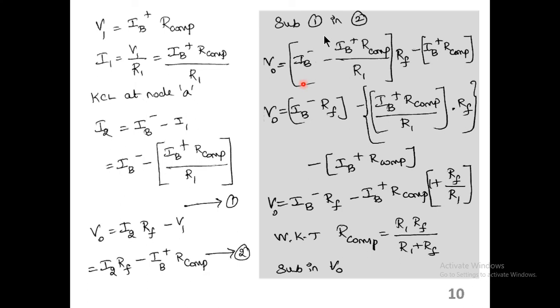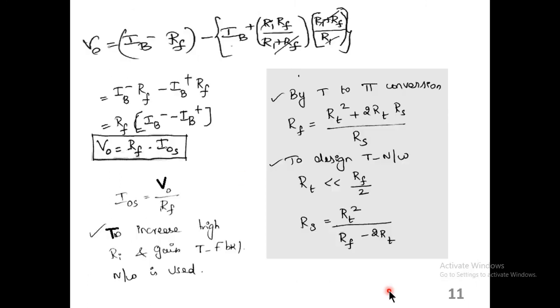By substituting equations 1 and 2, and assuming the compensation resistor value as we saw earlier, the parallel combination of R1 parallel RF, we get the output voltage equal to IB minus into RF minus IB plus into compensation resistor value into 1 plus RF divided by R1. After that, the final output voltage is equal to RF into IOS. By the way, the input offset current is equal to V0 divided by RF.